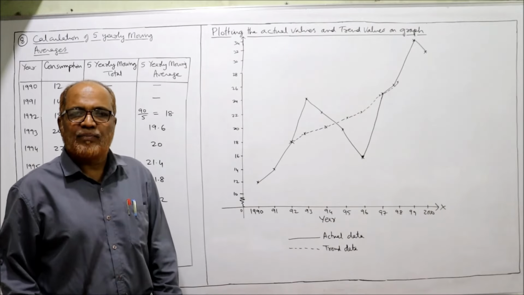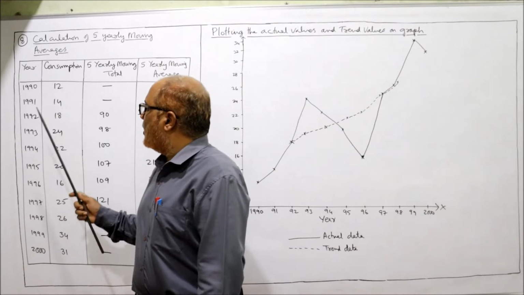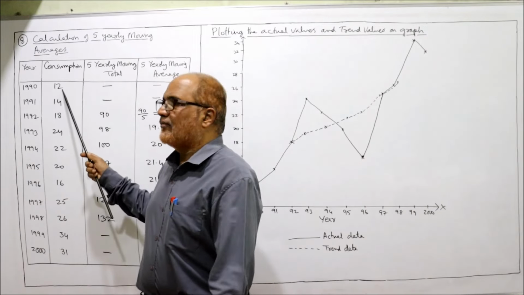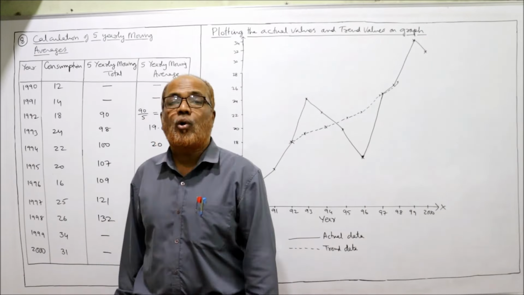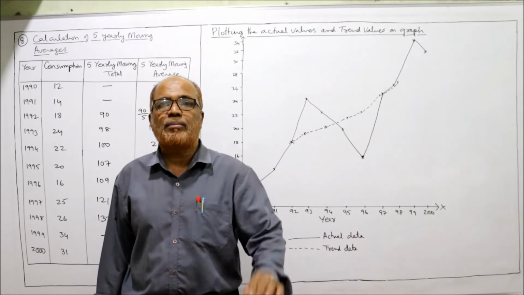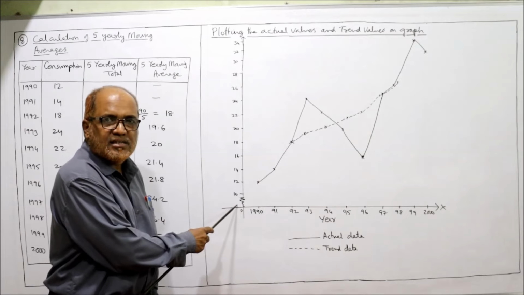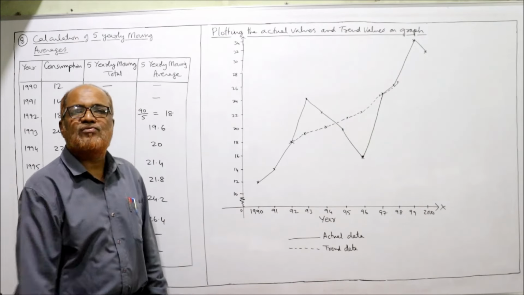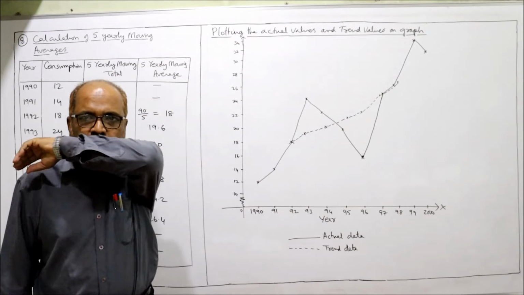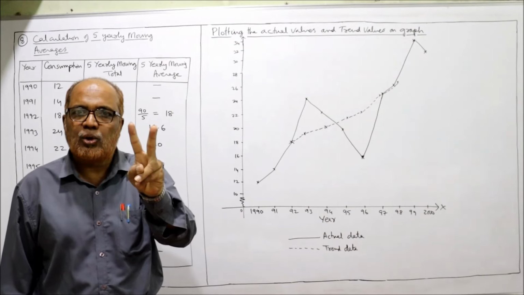On the y-axis, if you observe here, the lowest value is 12 and the highest value is 34. So we'll start from 10. We'll break the y-axis and start our calculations from 10. For every 1 centimeter we will take 2 units.